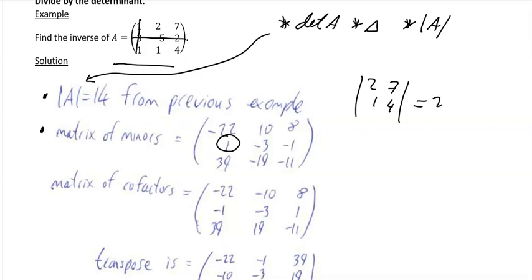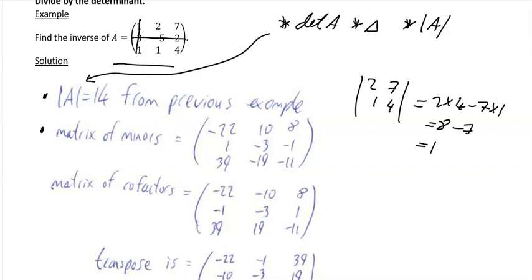So it's going to be 2 times 4 minus 7 times 1, or 8 minus 7, which is 1. You've got to do that for all 9. Now remember, you had already done this one, this one, and this one from the previous part of the example. So if you've set your work out well, that should save you a wee bit of time.